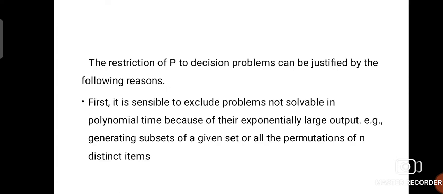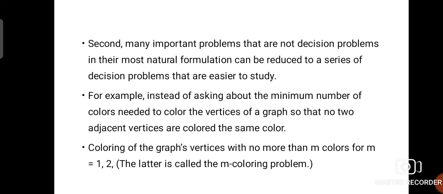Now, the restriction of P to decision problems can be justified by the following reasons. First, it is sensible to exclude problems not solvable in polynomial time because of their exponentially large output. Second, many important problems that are not decision problems in their most natural formulations can be reduced to a series of decision problems that are easier to study.